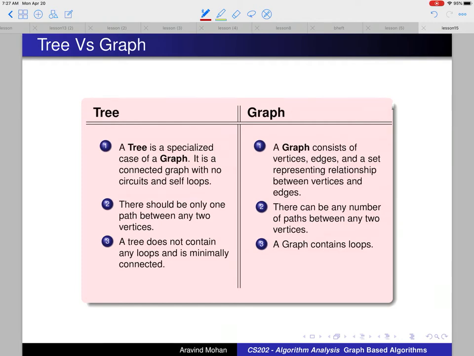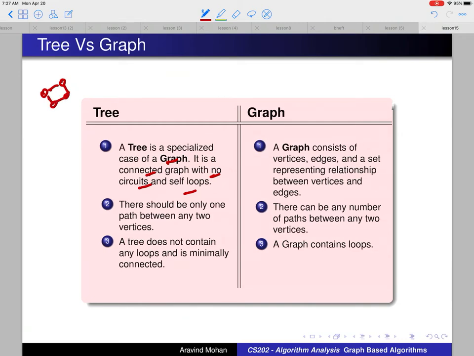To get started, we will first recall the difference between a tree and a graph. A tree is a specialized case of a graph, and this graph should be connected with no circuits and self loops. A circuit is where there could be a loop in the graph itself.